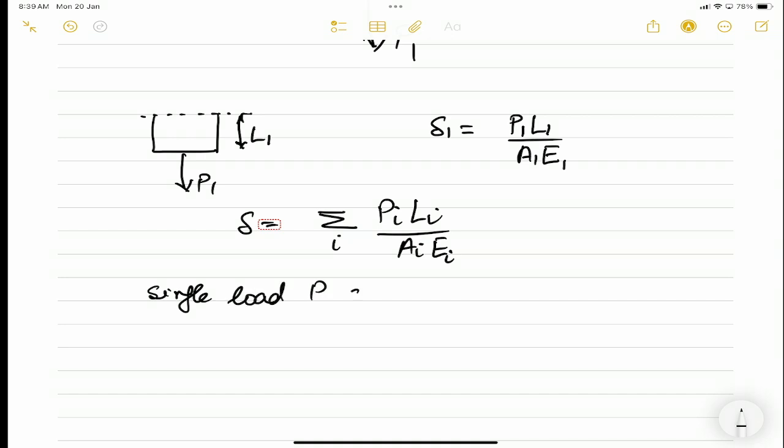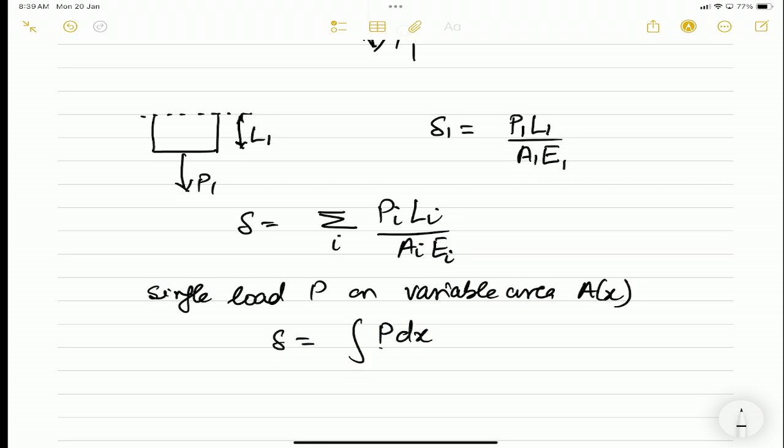And if we have a single load P on a variable area A(x), then delta will be equal to an integral. If the only change is the area, the load stays the same.